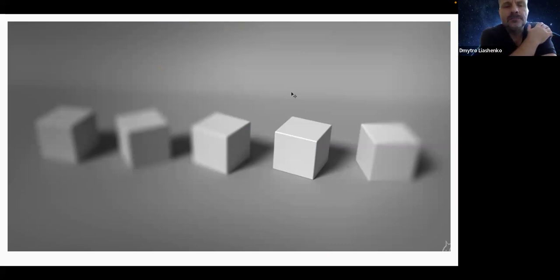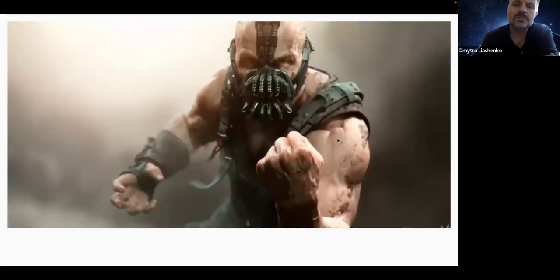Focus. Some details can be in focus, another out of focus.